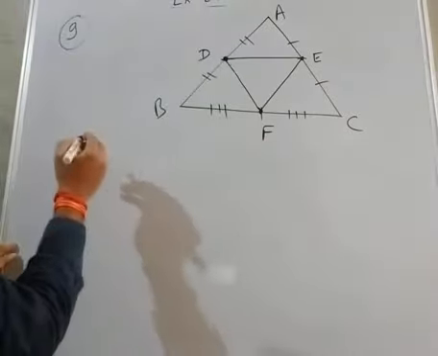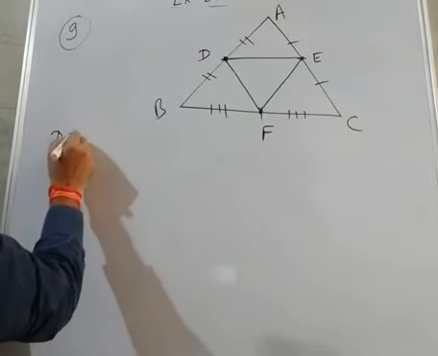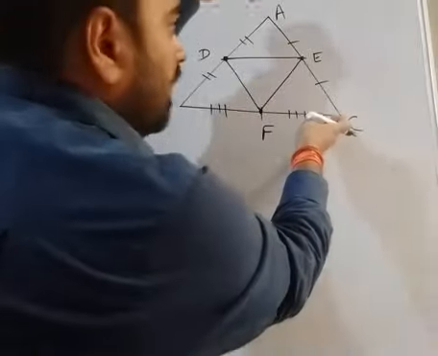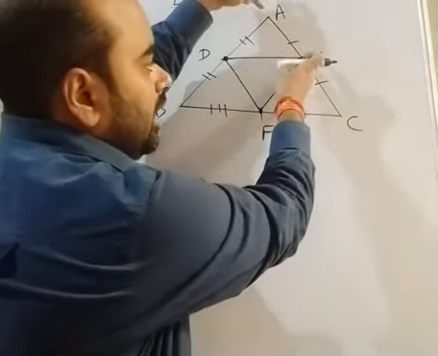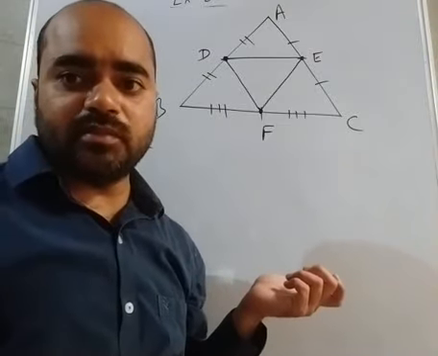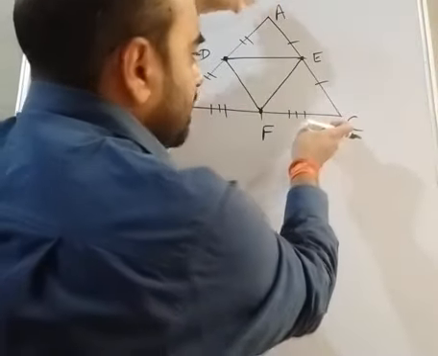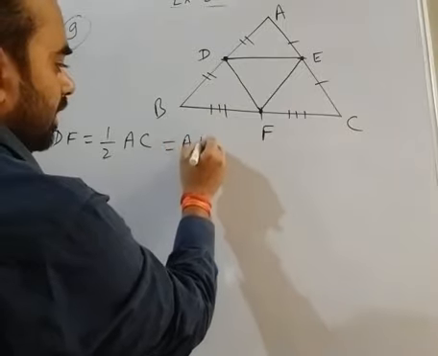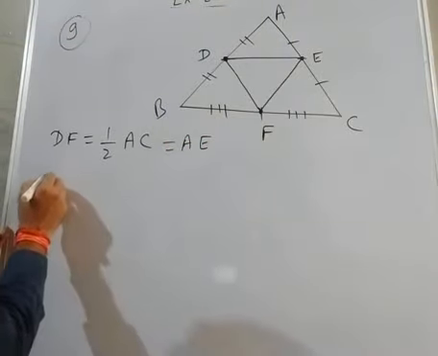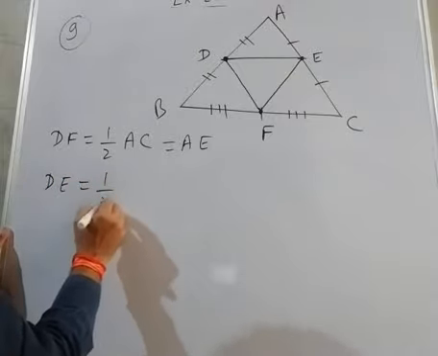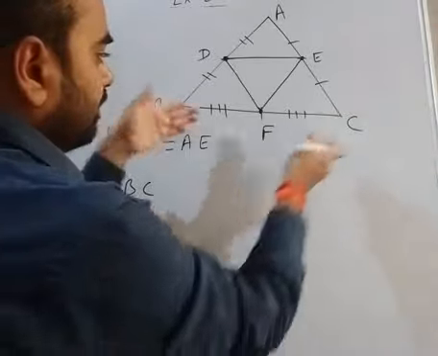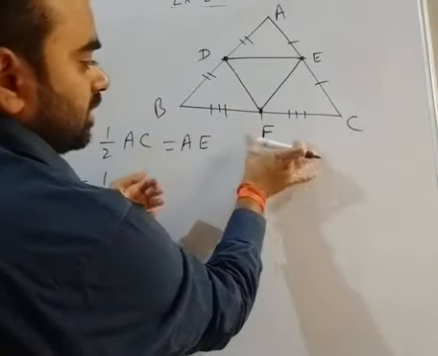We are having DF is equal to half of AC, and half AC can be written as AE or EC. Why? E is midpoint. If E is midpoint, half AC can be written as AE, correct? Similarly, DE is equal to half of BC using midpoint theorem, and half BC can be written as BF or FC, since F is midpoint.